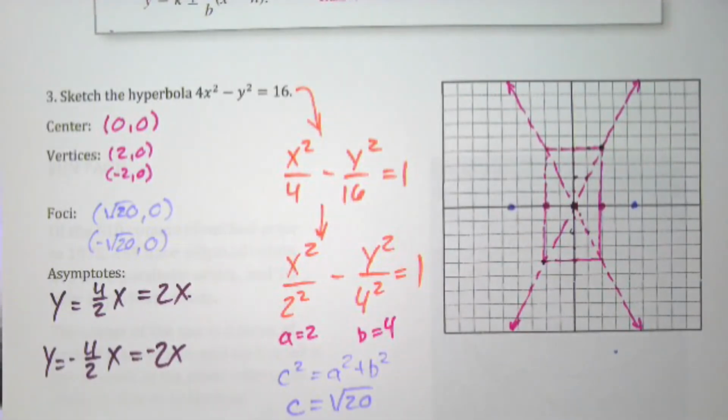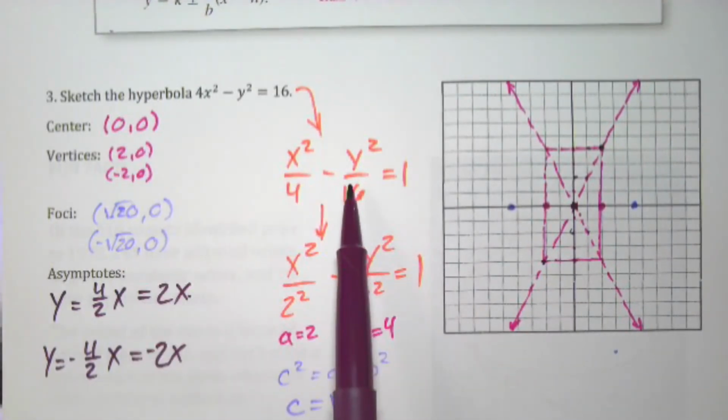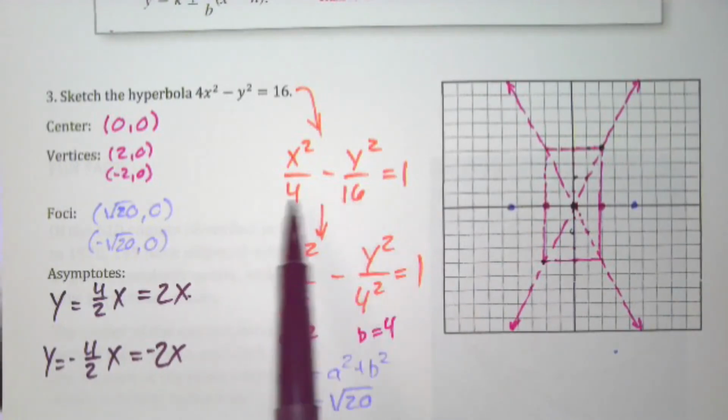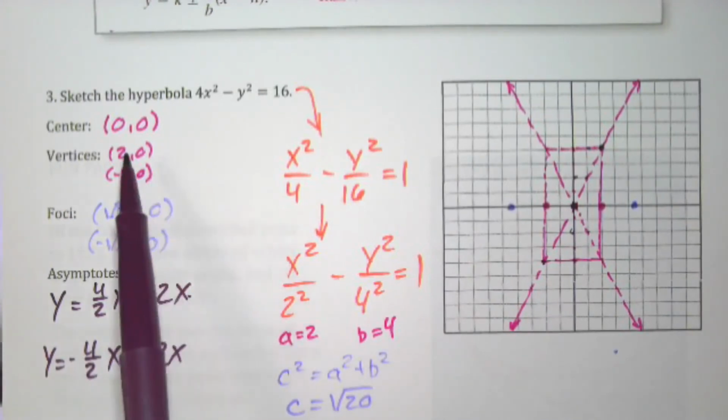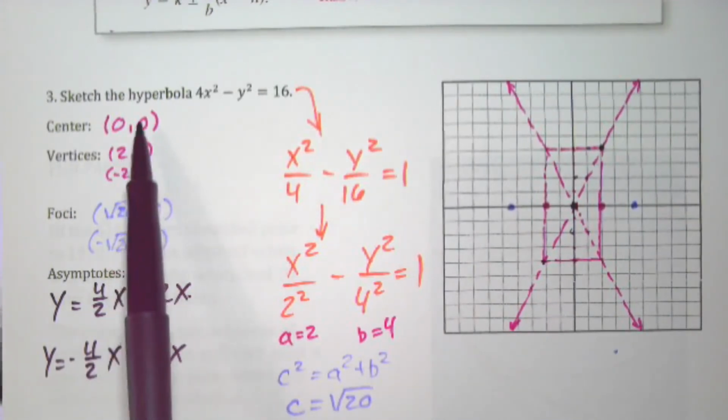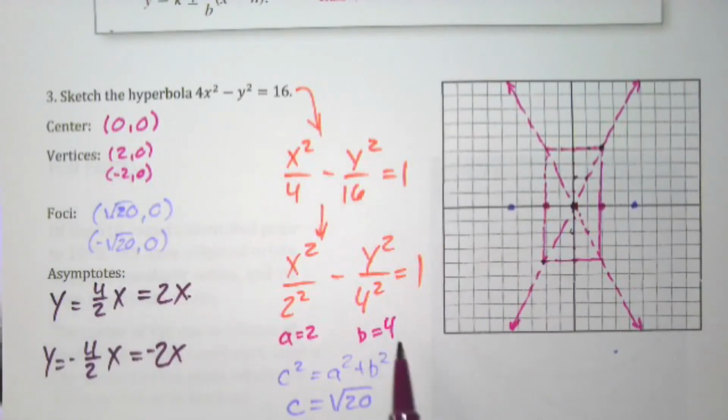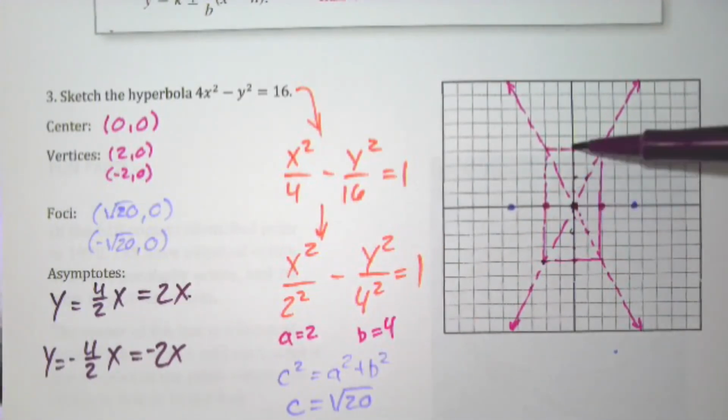So we'll run through one more time. Found our center after it's in the standard form. Change our denominators to their squared forms, so 2 squared, 4 squared to get our a and b. A helps us get the vertices. It's our distance from the center for our vertices. B helps us get this conjugate axis distance we go out.